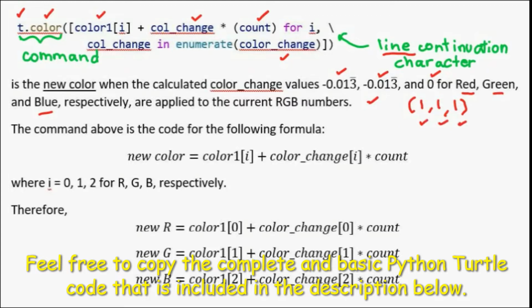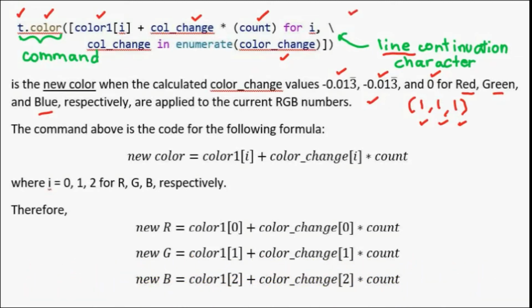The command above, when you look at this command here, it's quite complicated, so I simplified the explanation here. The command is just the same as this one here. New color is equal to the item of color 1 plus the item of color change times the count.